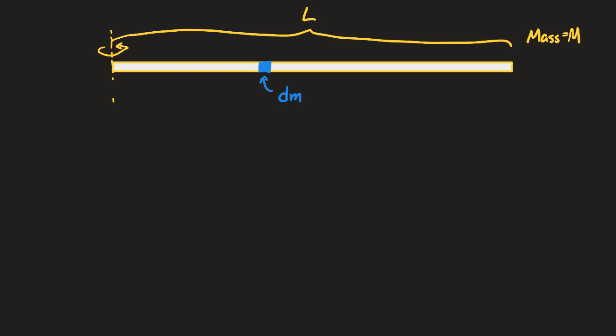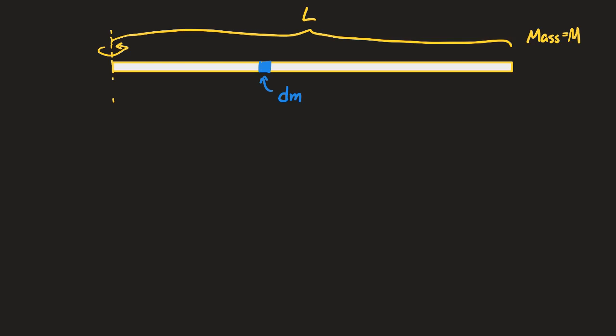Now, to understand what I'm going to do next, you have to understand that I'm going to use the symmetry here. There's some clear symmetry, meaning I'm not going to say that there's any pieces that are up or down on this rod. I'm going to break the rod up into pieces that are just the same height. So all the pieces will be the same height.